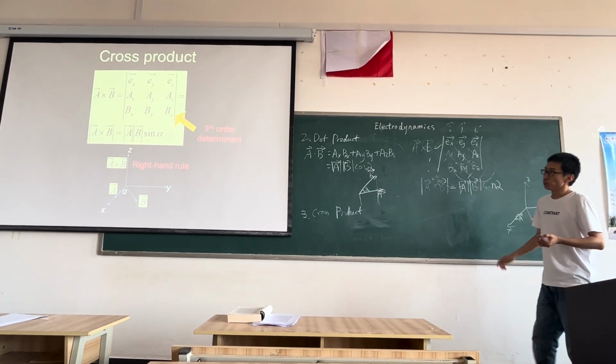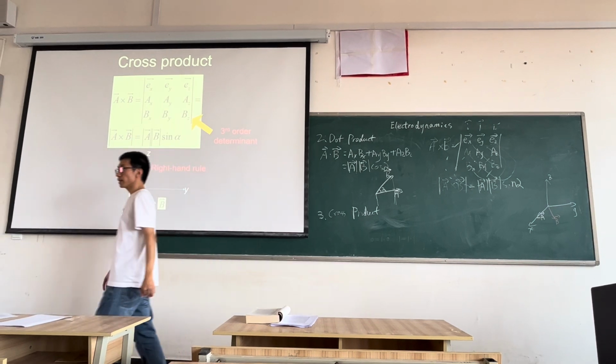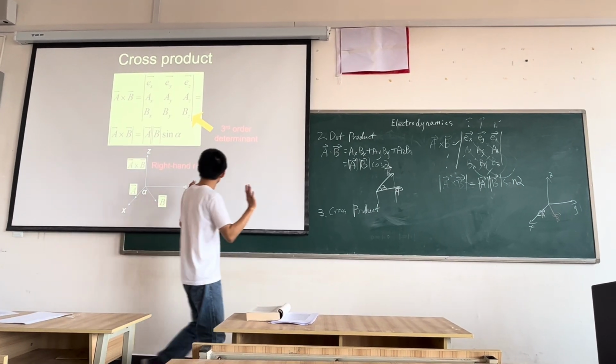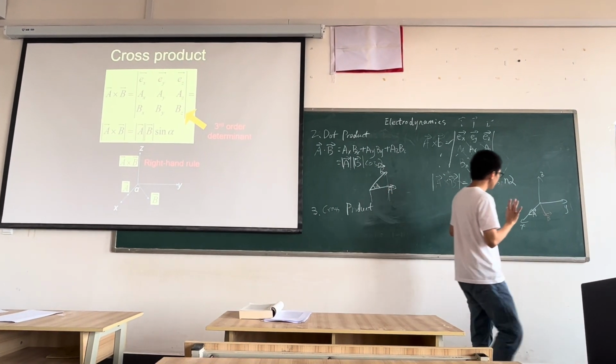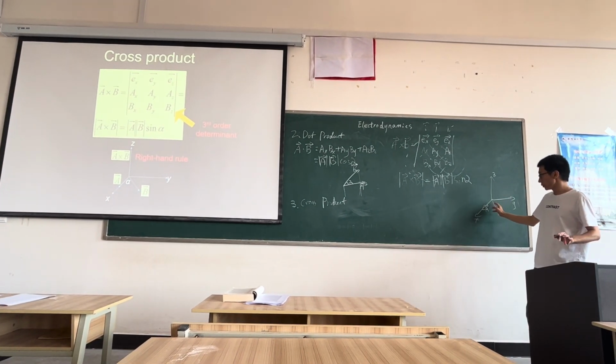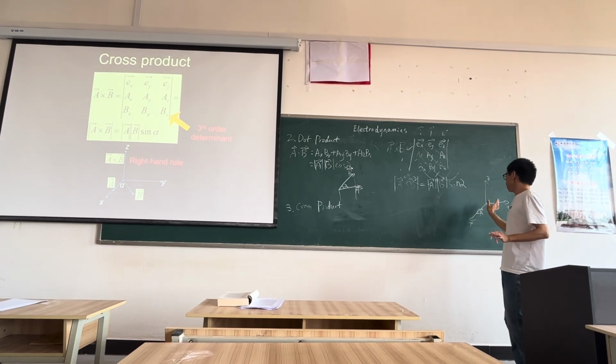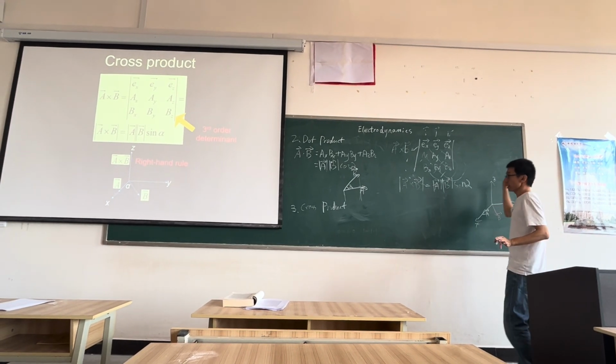And we know A cross B, as we learned in high school math, is always in the direction which is vertical to both A and B. We use our right hand, which is known as the right hand rule.